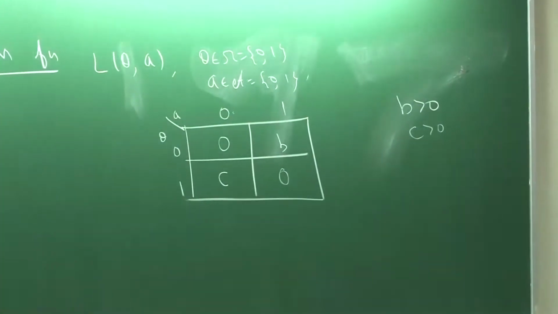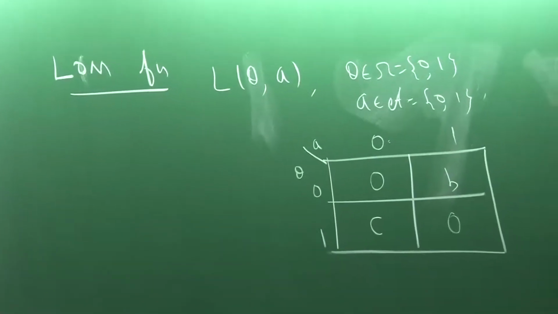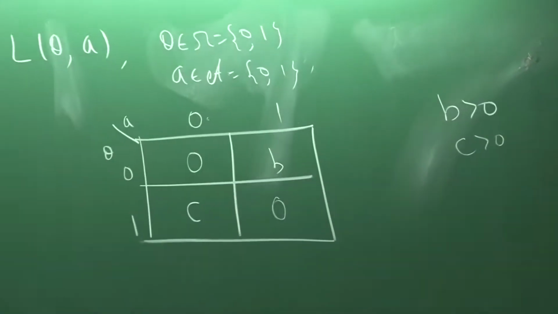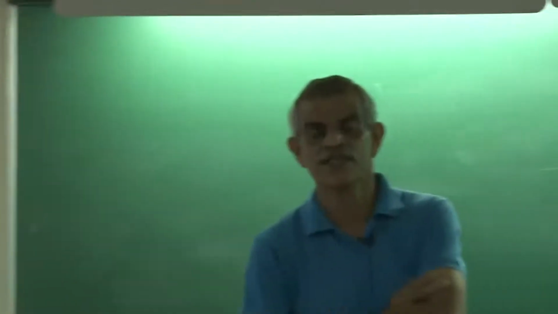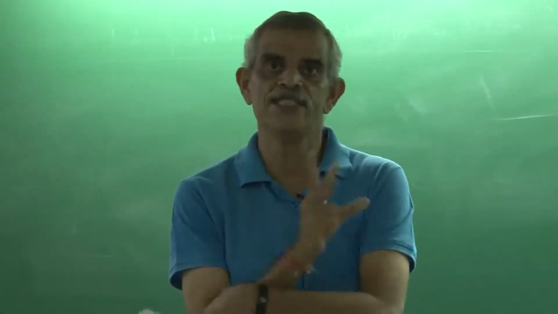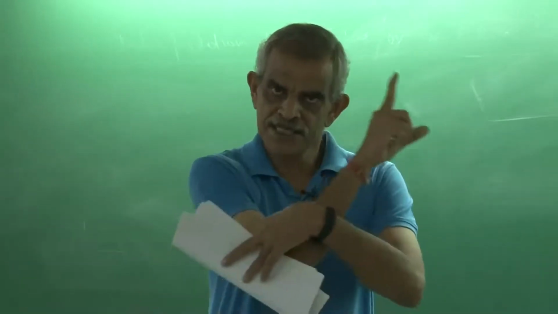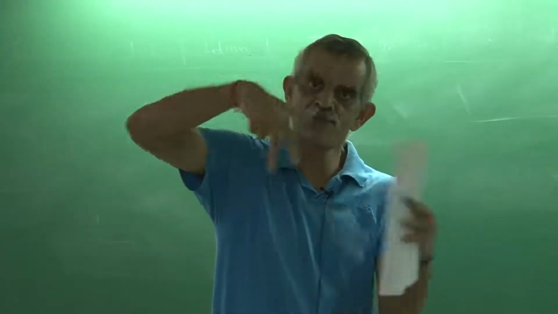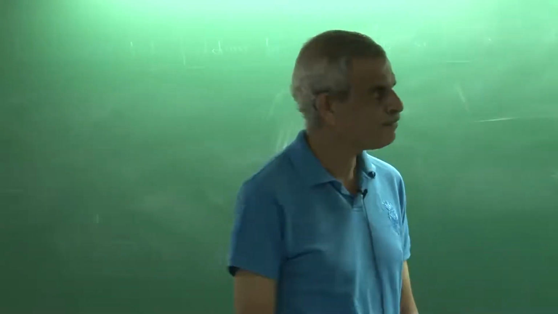So now if this is the loss function, let me talk about what is the risk. Now note that to evaluate the risk, which is nothing but average loss, I have to keep in mind that randomization has taken place at 2 stages. Stage number 1, using the decision rule delta for a given observation, and then I take the average over all possible values of the data I can get.